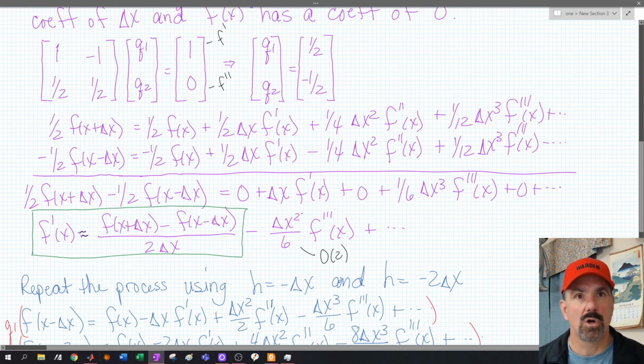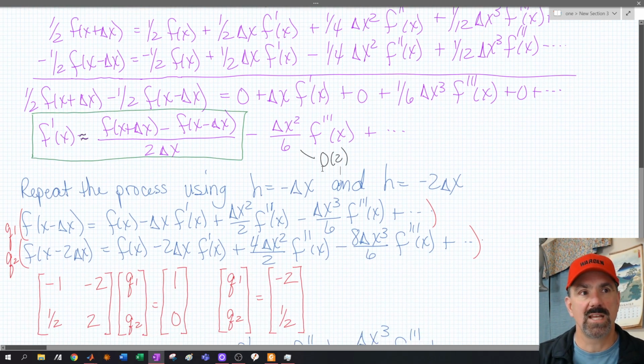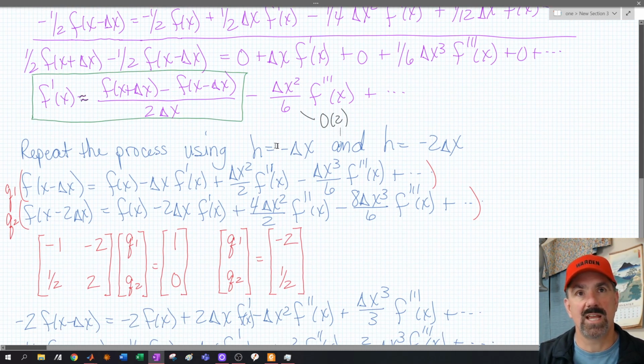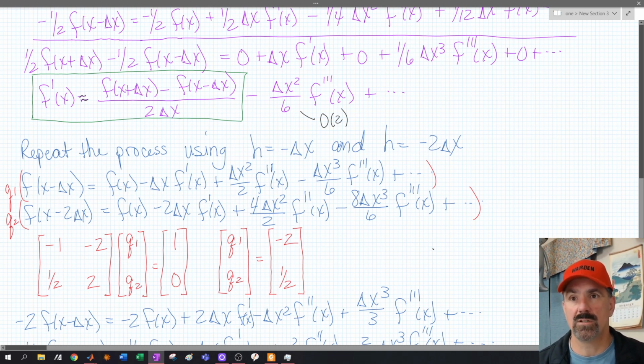Okay, so sure, nothing exciting so far. We came up with central difference. Let's do this again. This time, however, instead of using h as delta x and negative delta x, I'm going to use h as negative delta x and negative 2 delta x. So let me just draw a schematic of what it is that we're going to do.